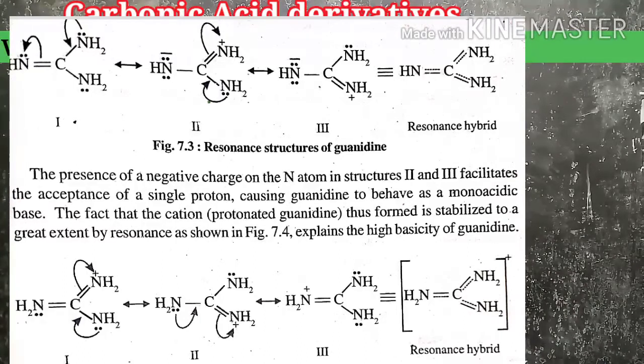The resonating structures: first resonating structure, H2N, HN double bond C, NH2. Double bond shift, we will get another structure with NH and NH2.